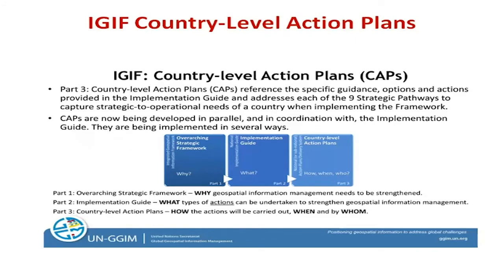Let us recall that the IGF has 3 parts: the overarching strategic framework, the why; the implementation guide, the what; and the country level action plan, how, when, and who.